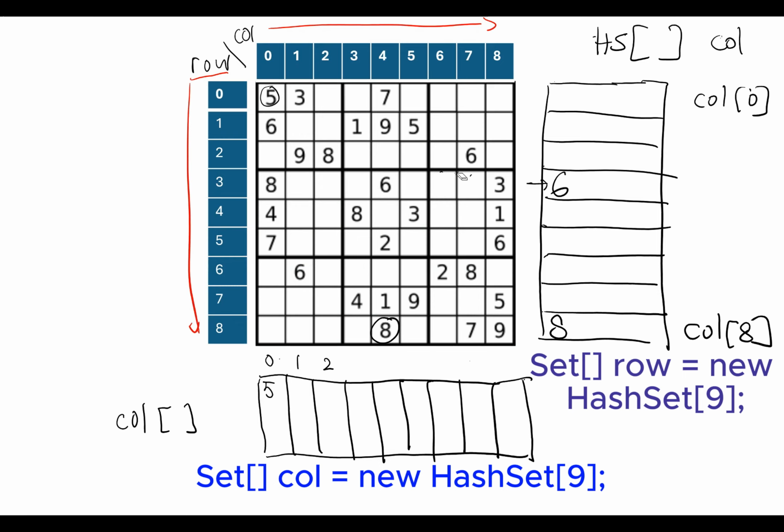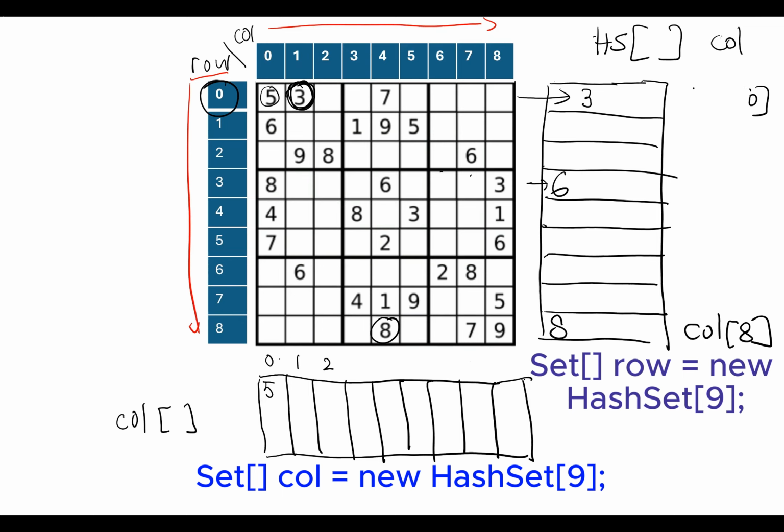Okay. So it's easy. Whenever we're reading any element from row 0, we'll add it to these hash sets, right? Whenever we are going to read from, say, column 1, right? So for this element, this is going to be added to the hash set for index 0, and sorry, this is not column.